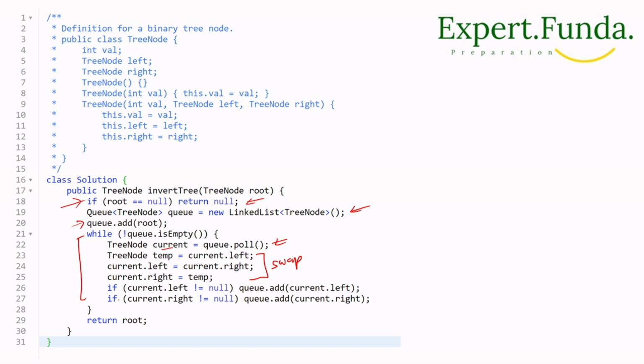Once this is swapped, we will check if current dot left is not null, and if so we will add it onto the queue, meaning the whole subtree. Similarly we will do for the right, if not empty we will add it into the queue, and finally we will return. So this is also a very easy approach.